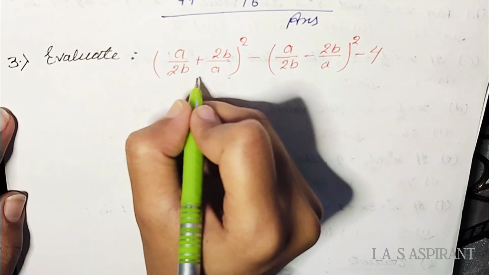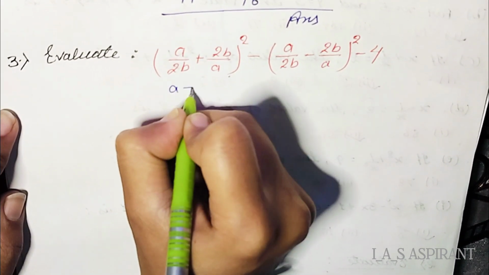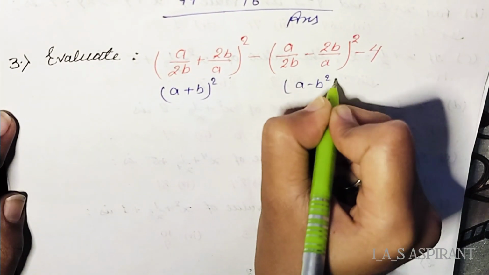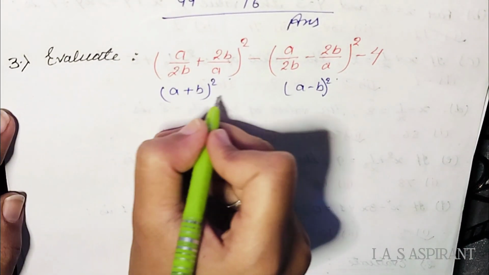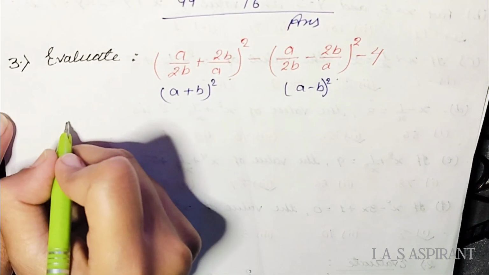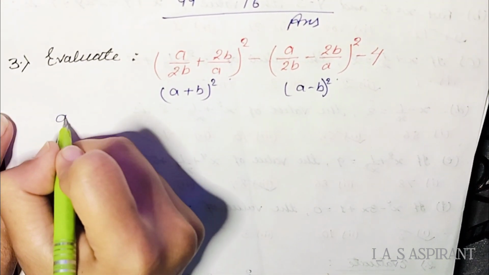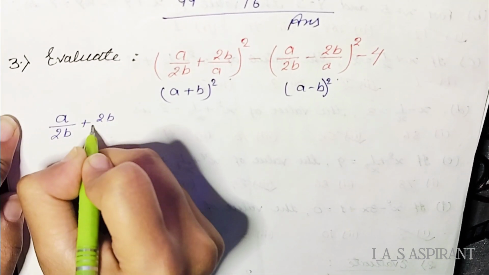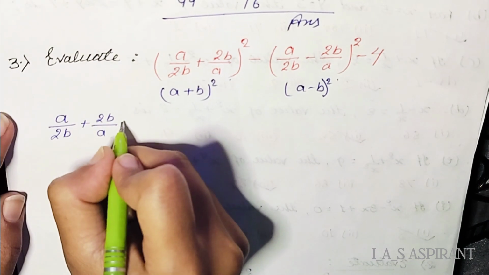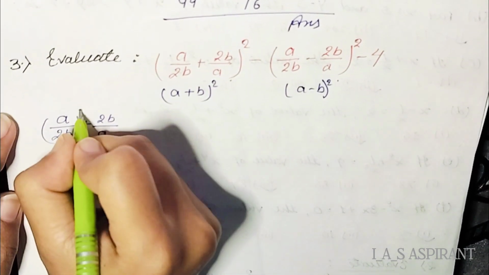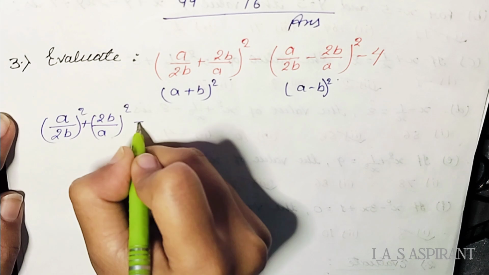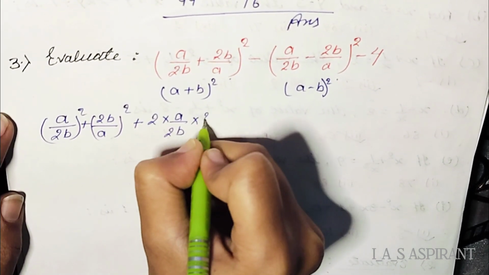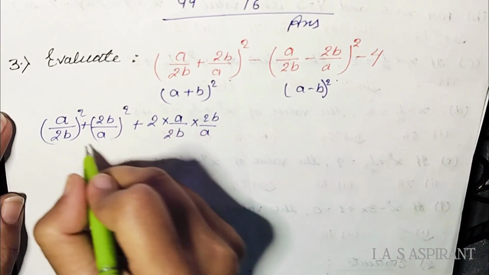First, this applies for (a + b) whole square, and this one will be (a - b) whole square. So (a/2b + 2b/a) whole square will be a square plus b square plus 2 into a/2b into 2b/a.